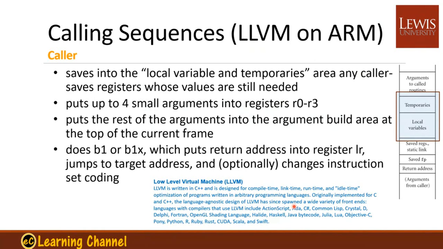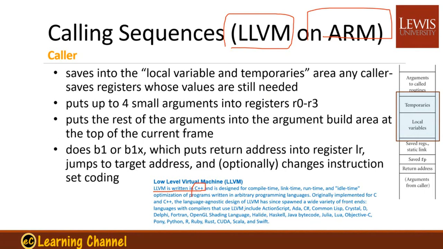This low-level virtual machine is very popular, for ARM machines especially. By doing that, your language has a low-level virtual machine, and you can operate your language on top of that virtual machine model.